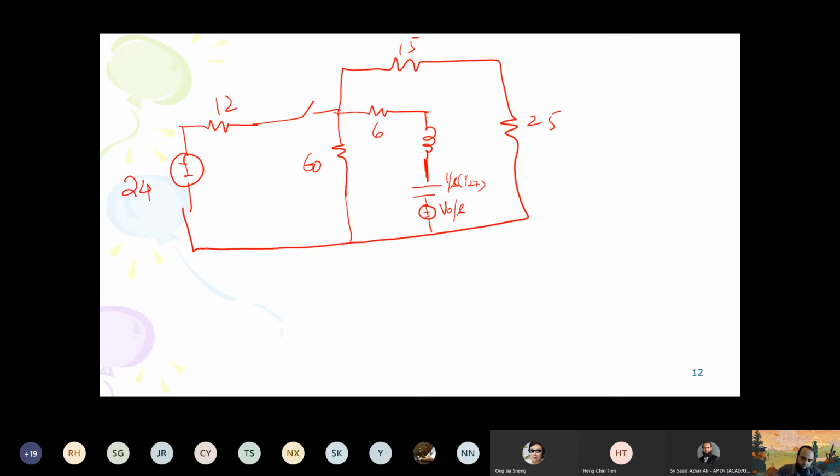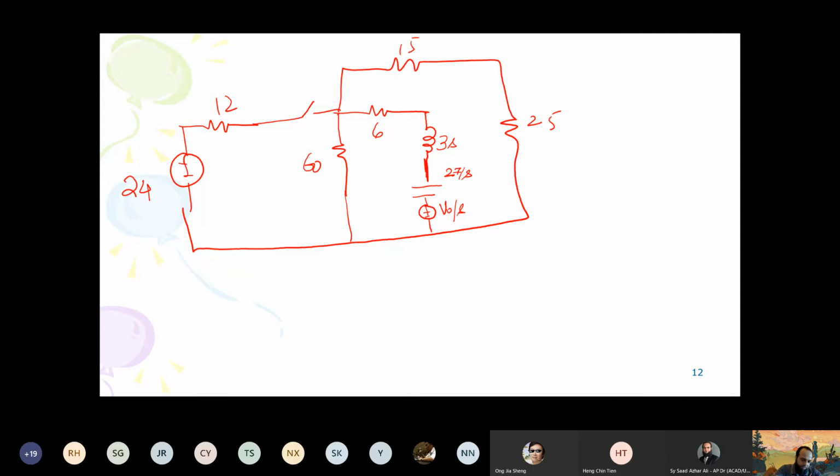And inductor was 3 Henry, so 3S. V naught was 16. All right. So this will be 27 upon S. I'm simplifying it. Right. So this is it.